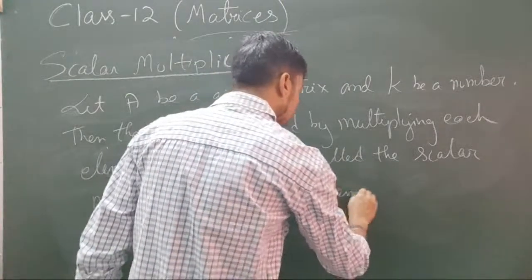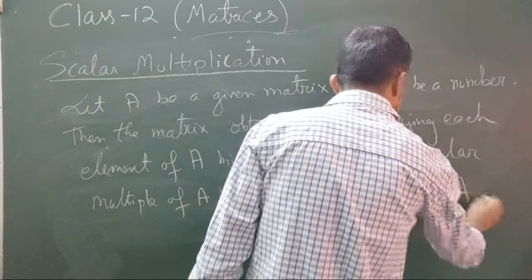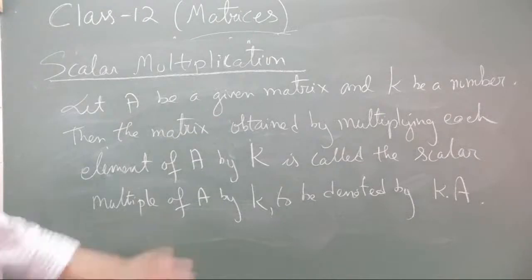It is denoted by K into A. That's what it means. I'll give you an example with which you will easily understand, but definition wise, this is what we have.